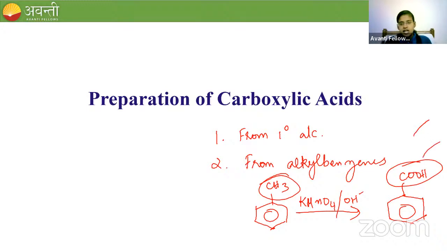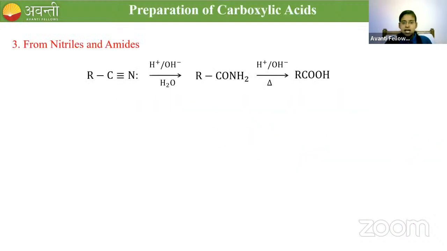Now, today we are entering into the third preparation, that is from nitriles and amides. What are called nitriles? RCN is called nitrile. If you take this nitrile and hydrolyze it with water in presence of acidic or basic medium, it will produce amides.